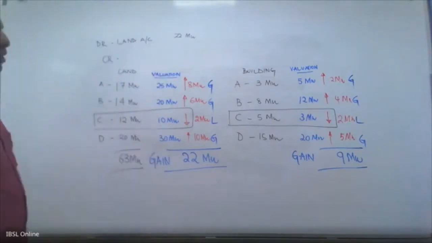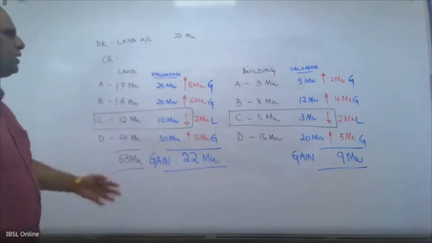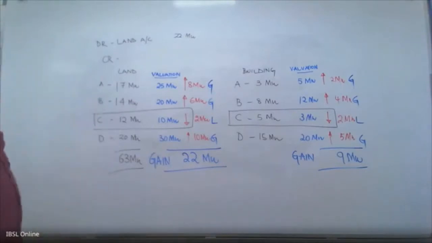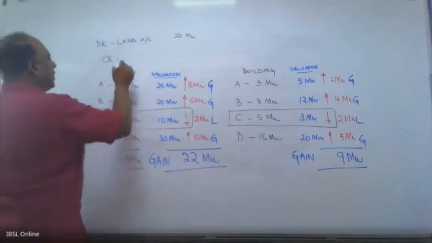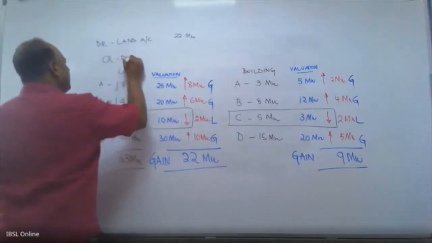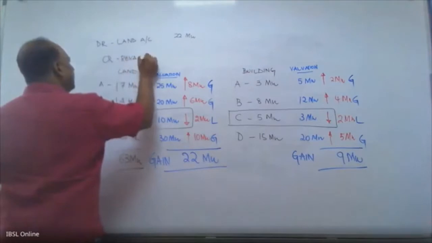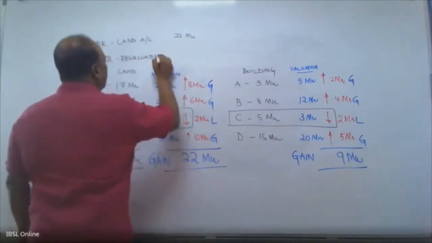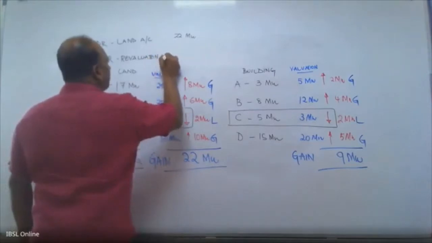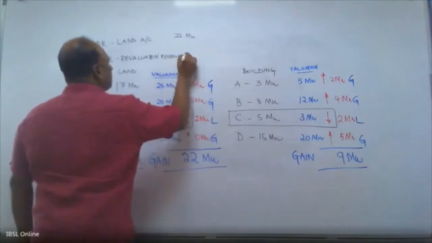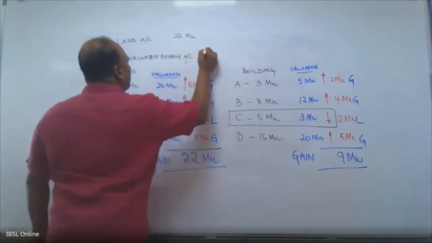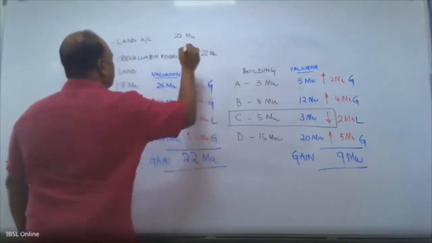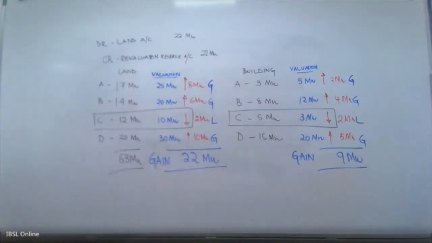Now you have not sold it, so it is only an unrealized gain. This unrealized gain should go to the revaluation reserve. We have to create a reserve in the equity called revaluation reserve account, and this 22 million will go there. Okay, that is for the land.